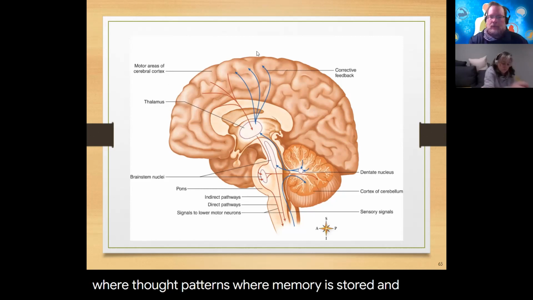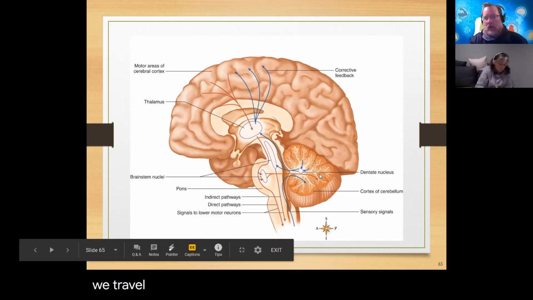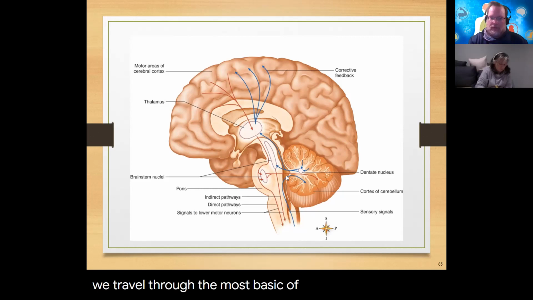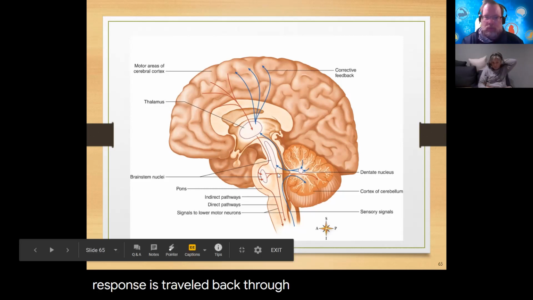And again, all roads have the potential to lead up to the cerebrum. So notice again, we travel through the most basic of the physicalness of who we are, and then the emotional aspects, and then the mental, thought, analytical aspects, and then the responses travel back through those areas.